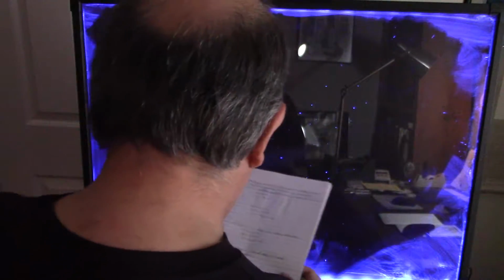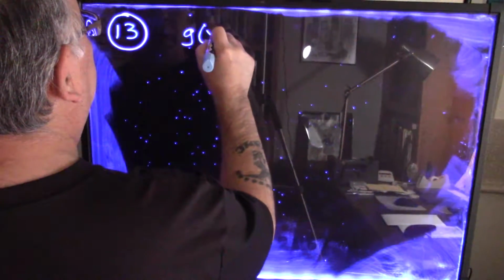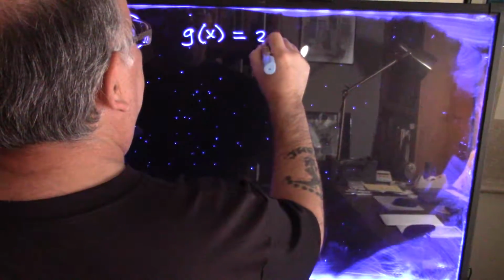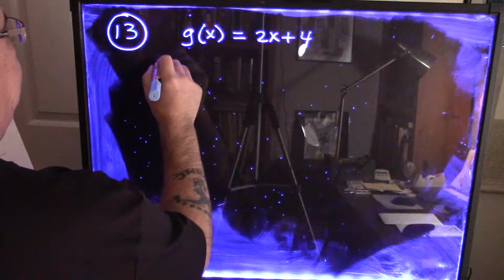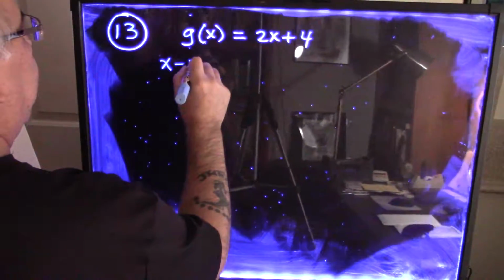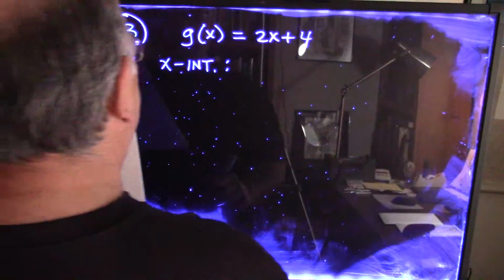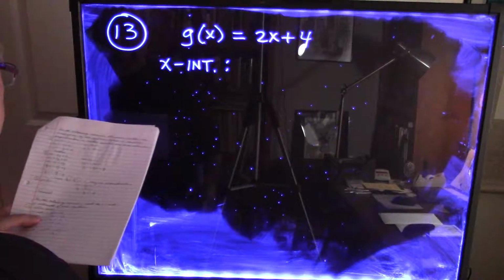So we have g of x is 2x plus 4. Let's deal with the x-intercept first. Again, that's where the y-coordinate will equal 0.